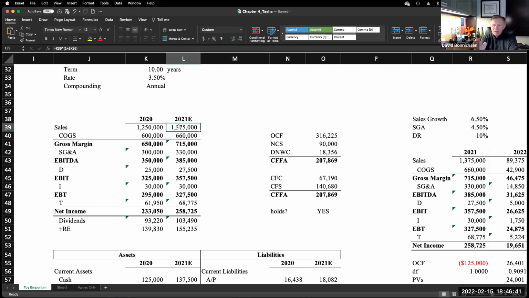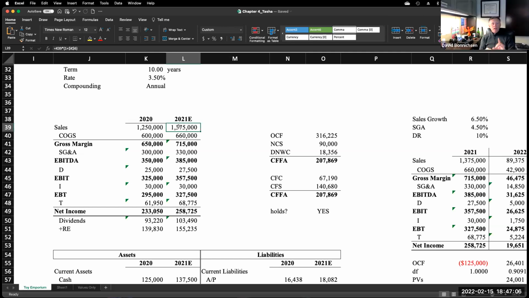So on the income statement, in addition to sales, obviously, what other items vary directly with the growth rate of sales? Cost of goods sold, SG&A, and depreciation, right?